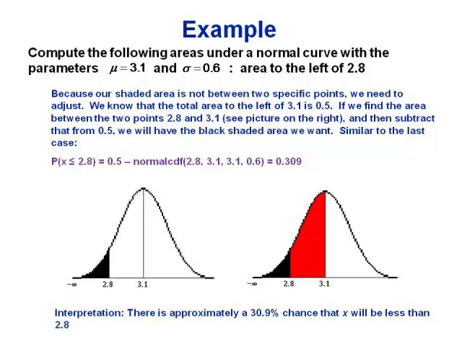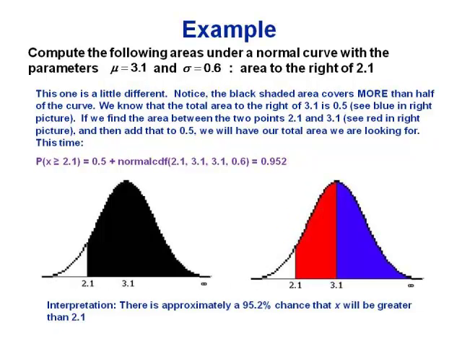So we would do 0.5, half of the curve, minus normal CDF to find the piece between 2.8 and 3.1. That's the red portion we're trying to get rid of. Mean of 3.1, standard deviation of 0.6. And that takes out that red portion and leaves us with the black portion, which is 0.309 or 30.9%.